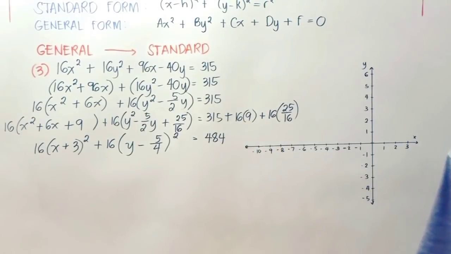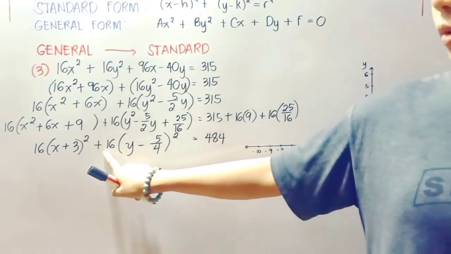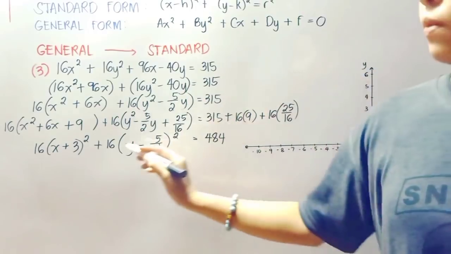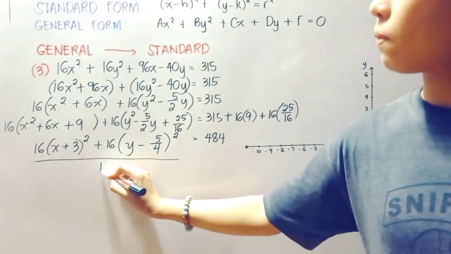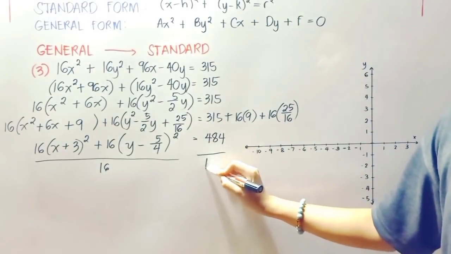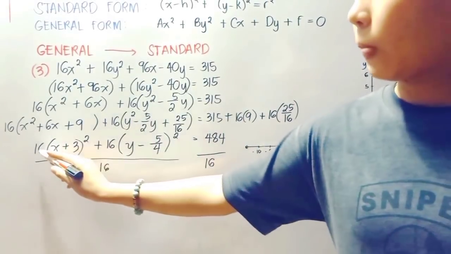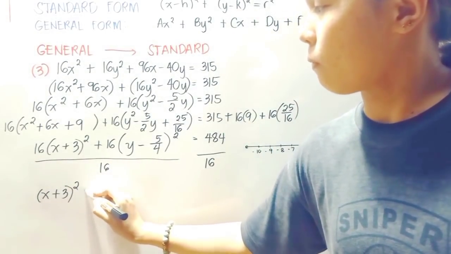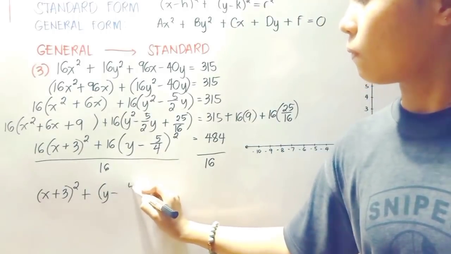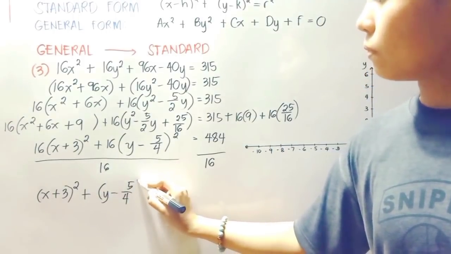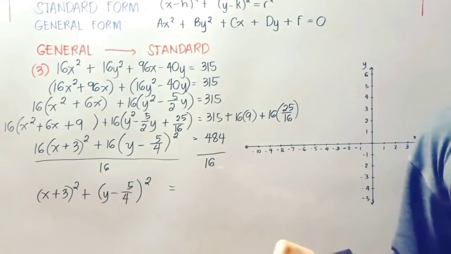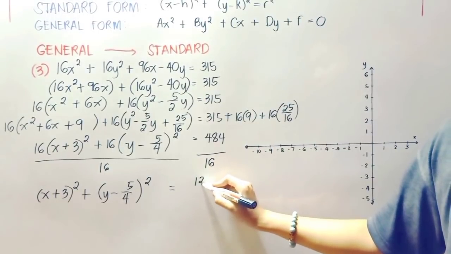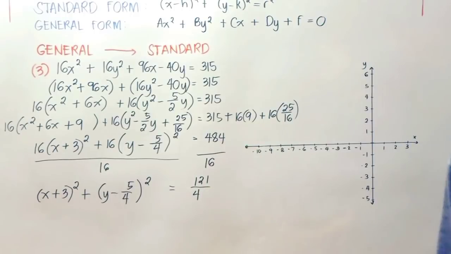Now since 16 is common, we have to divide both sides by 16. So let's have over 16 on the other side as well. So we are left with (x plus 3) quantity squared, and then plus (y minus 5 over 4) quantity squared, and this is 121 over 4.